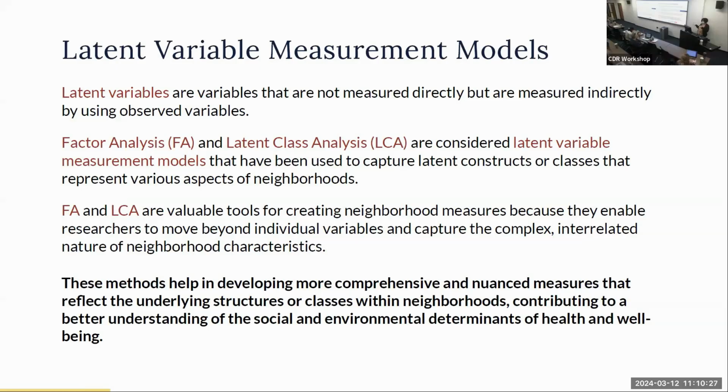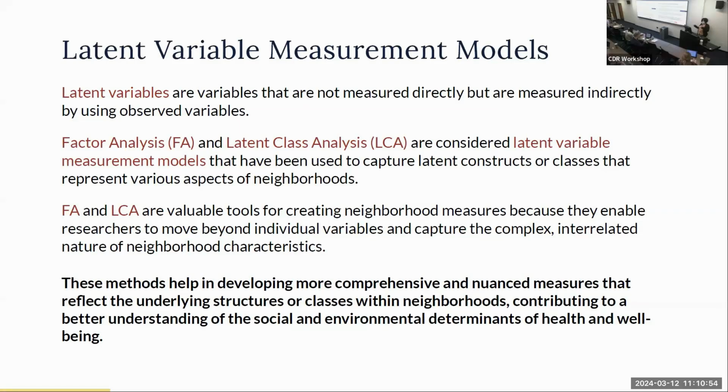So I will talk a little bit quickly about some of these latent variable measurement models. For those who have not taken an SEM course, basically latent variables are variables, categorical variables, that are not measured directly, but we're using observed variables to actually capture that latent construct, right? So like Rachel was talking about, some of these neighborhood indices under that factor analysis framework.